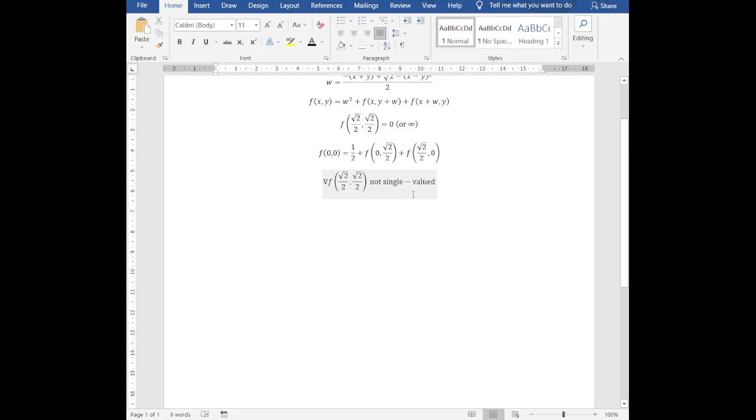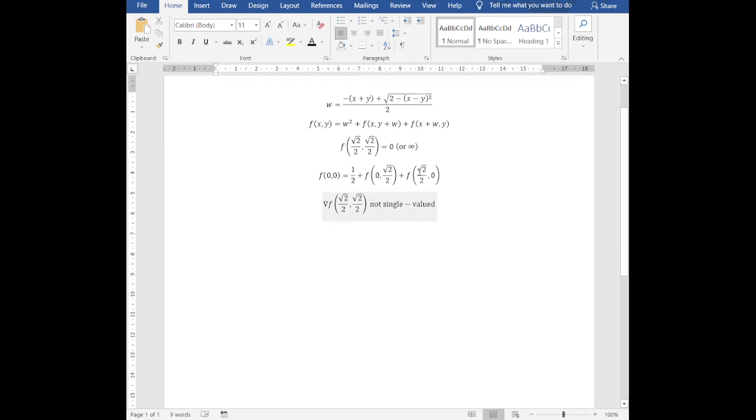So yeah, the gradient is at the very least not single valued, which is interesting. I could possibly work out whether or not this is infinite from that.